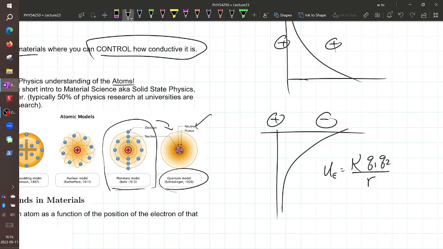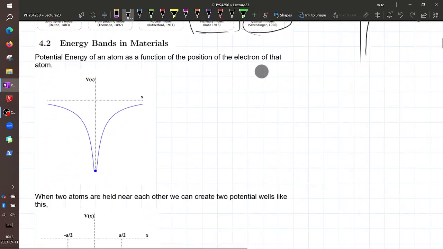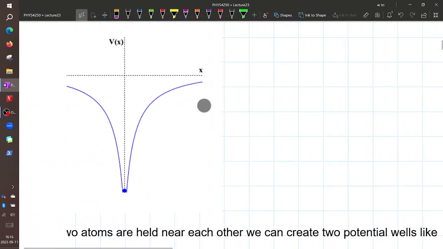Okay. In fact, in the atom, you can be on the left hand side, you can be on the right hand side. So typically, the way people draw these potentials, as opposed to drawing it as a function of R, they draw it as a function of X. So the electron is here, it'll have this amount of potential energy. The electron is here, it'll have similar. But then as it goes towards the center where the positive charge is located, it goes to negative infinity.